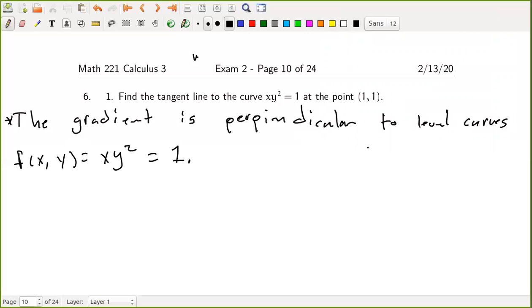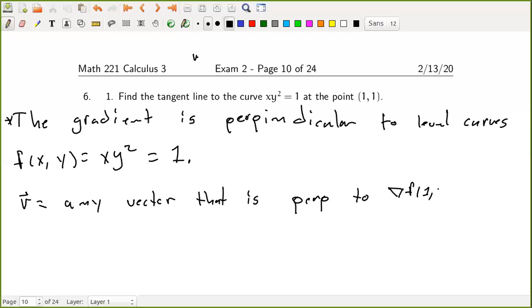So since we're dealing in R2, we just want a vector that is going to be parallel to the level curves. So that's going to be our direction vector, and 1, 1 is the point on the line. So the direction vector, which I'll call v, is going to be any vector that is perpendicular to the gradient of f evaluated at 1, 1.